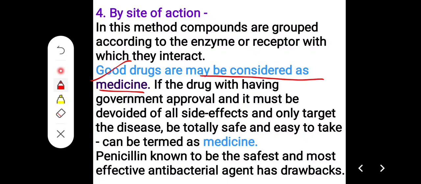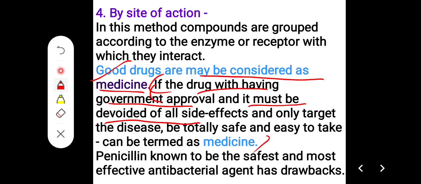It must only target the disease and be totally safe and easy to take.